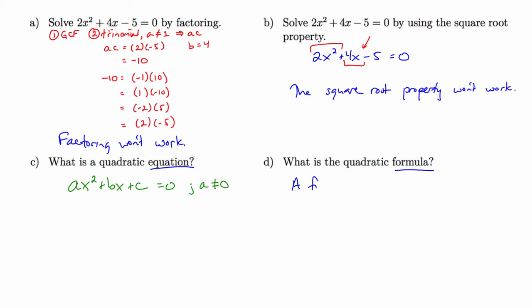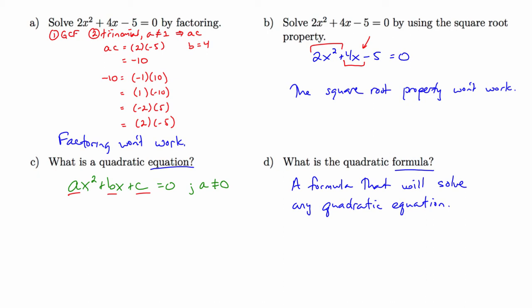So, in general, what is the quadratic formula? It is a formula that will solve any quadratic equation. Before I write down the formula, it will have a's, b's, and c's used in it, and those a's, b's, and c's are going to be a reference to the a, the b, and the c in the quadratic equation that you're trying to solve.